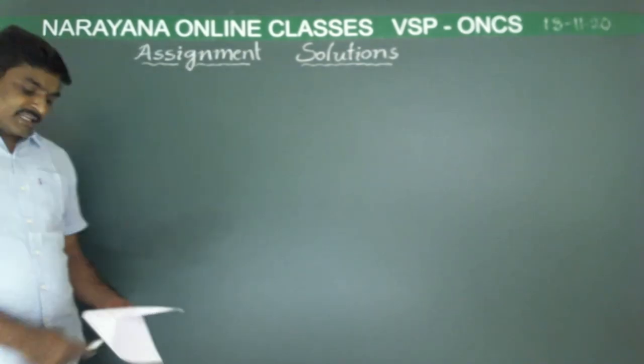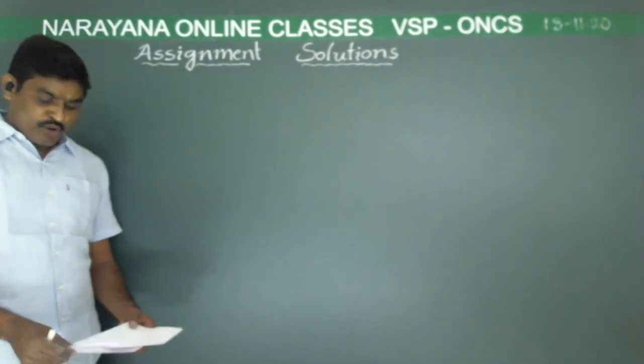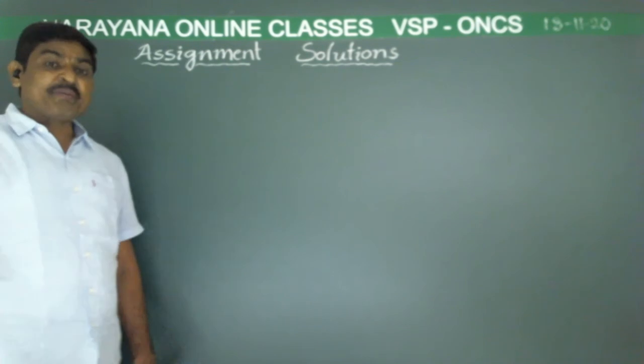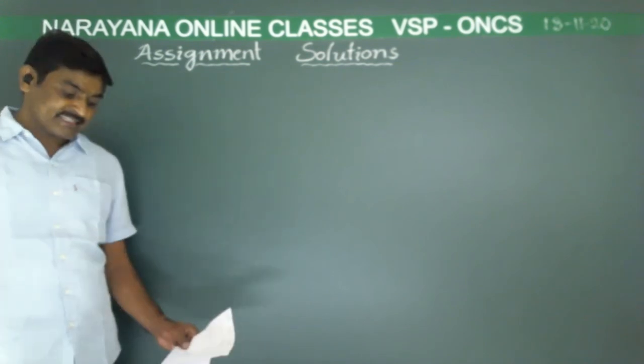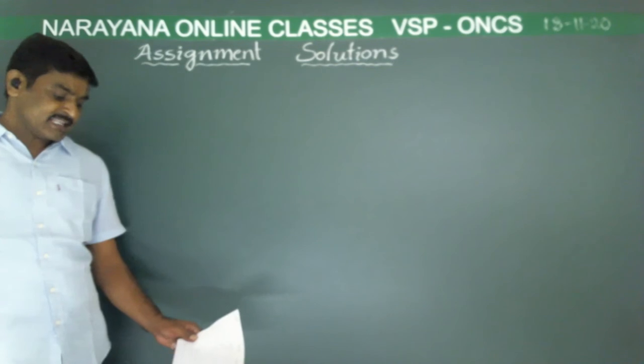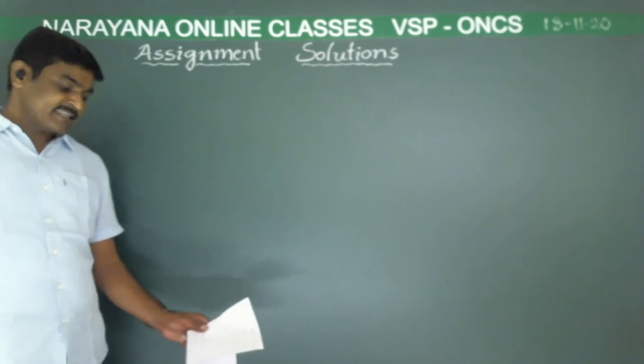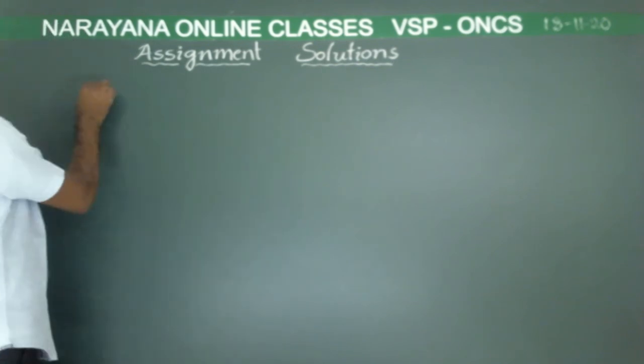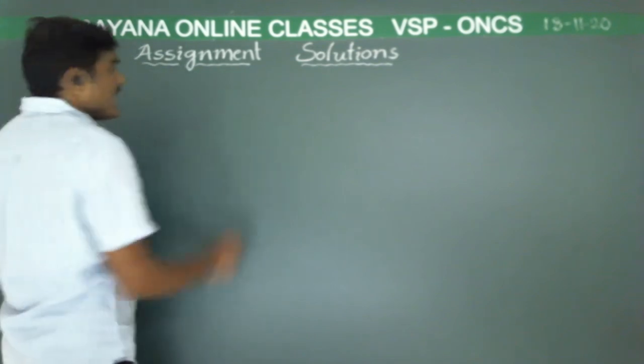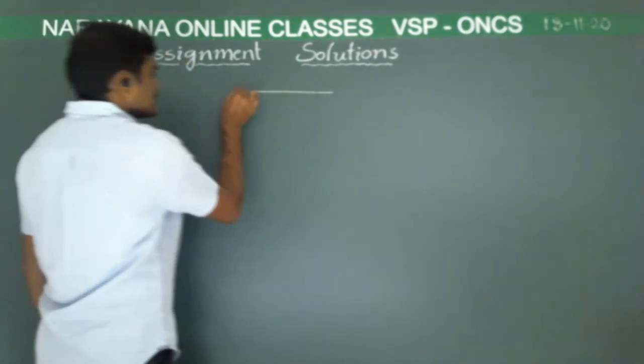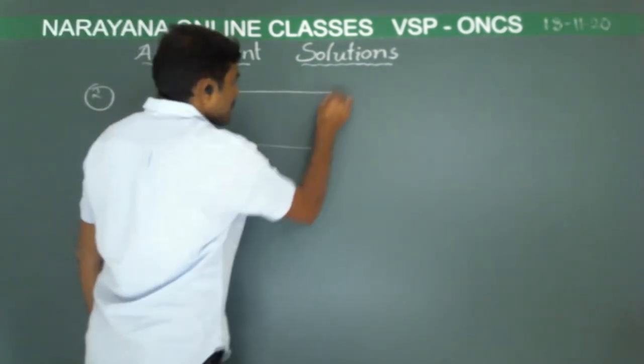Now the second question is: in a parallelogram PQRS, angle P is equal to 60 degrees. Find the other angles. This is the second one.